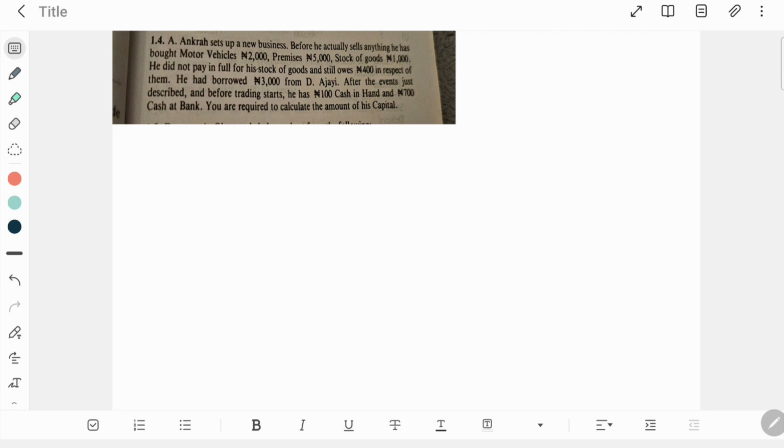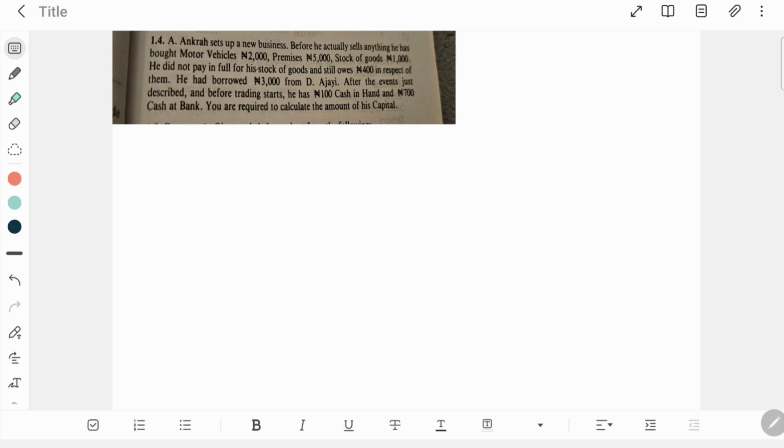He had borrowed 3,000 naira from Ajayi after the event just described and before trading starts. He has 100 naira cash in hand and 700 naira cash at bank. You are required to calculate the amount of his capital.